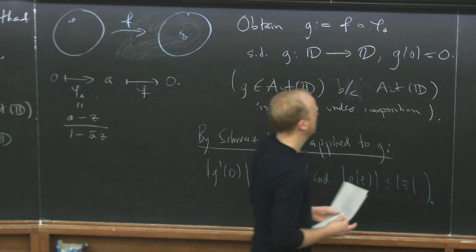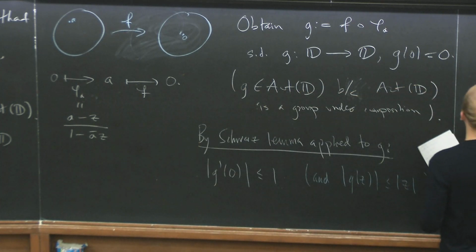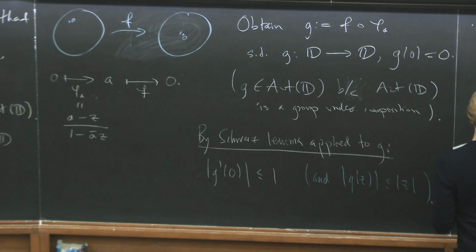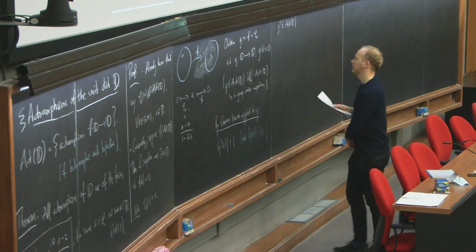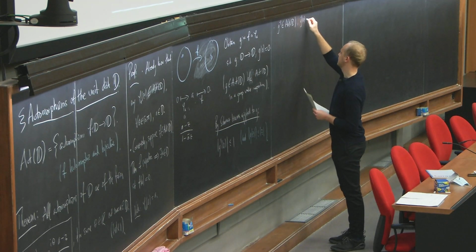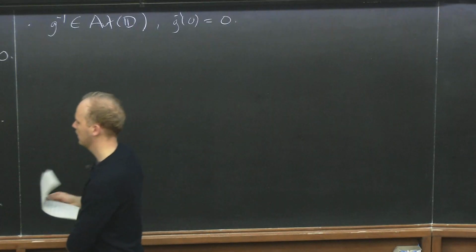So we had this. On the other hand, we know that G inverse is also in the automorphism group, and G inverse of 0 is 0 as well.